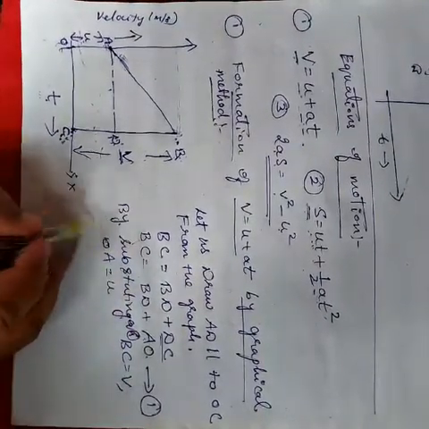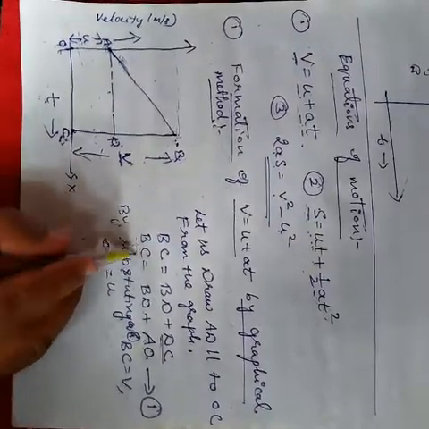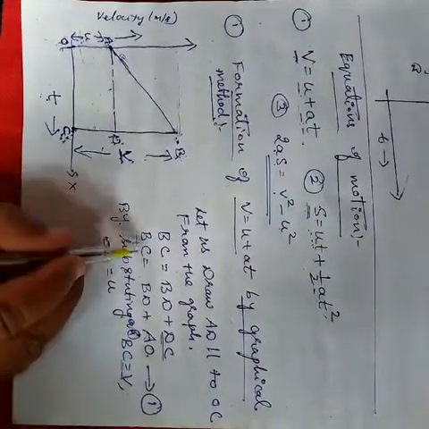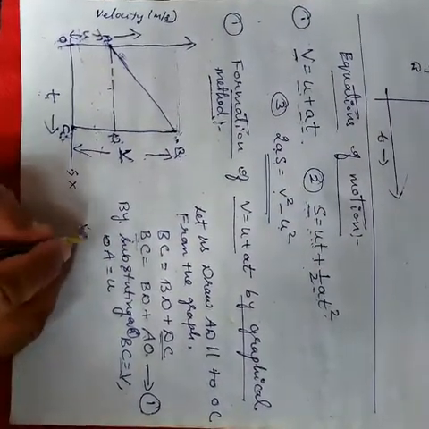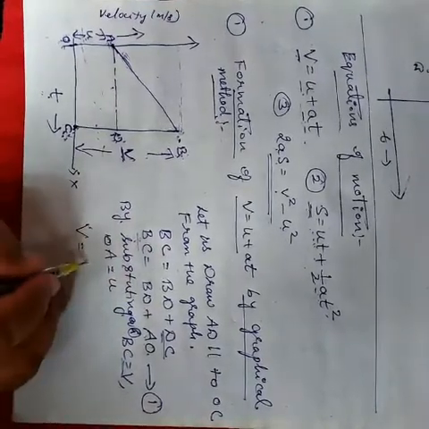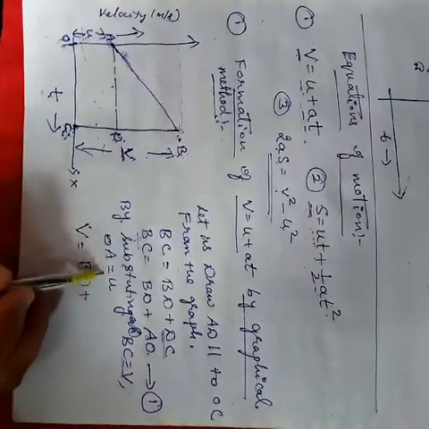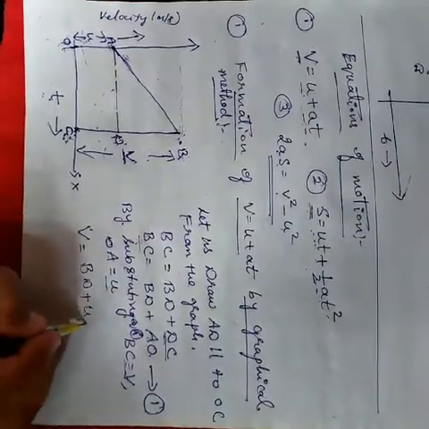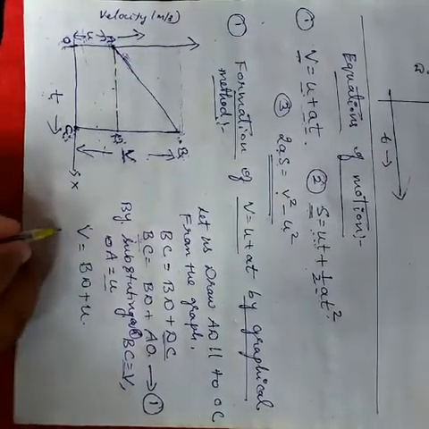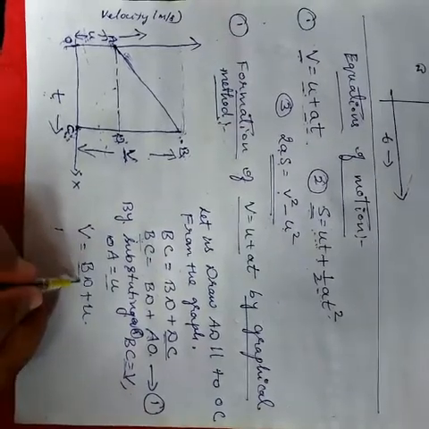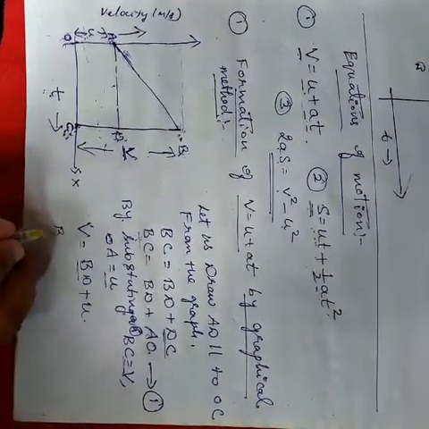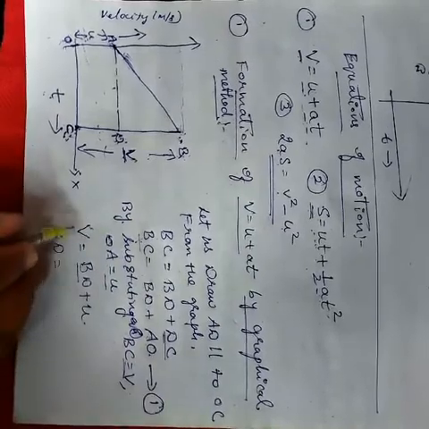In place of BC we write V, and as it is we write BD plus AO, which is u. So V is equal to BD plus u.